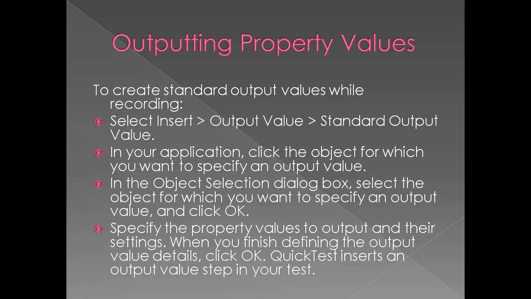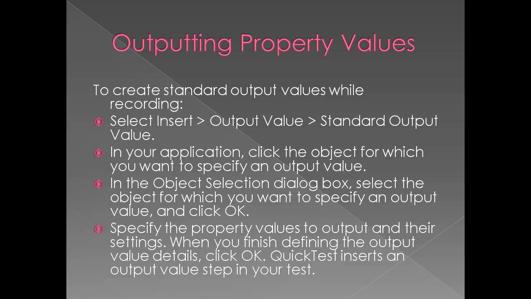If the location you clicked is associated with more than one object, the Object Selection Output Value Properties dialog box opens. 3. In the Object Selection dialog box, select the object for which you want to specify an output value, and click OK. The Output Value Properties dialog box opens for the selected object.